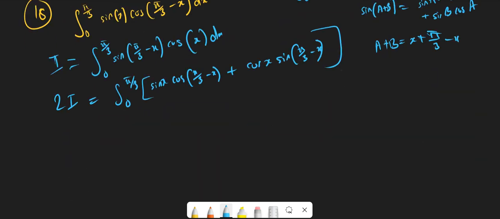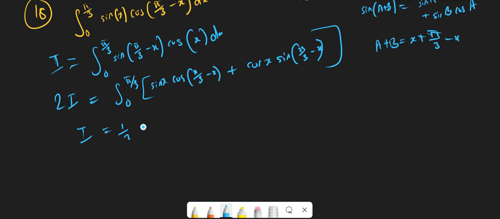So in this case, I is going to be half of the integral from 0 to pi over 3 of sine of pi over 3 dx. And that is just pi over 3 times sine of pi over 3.